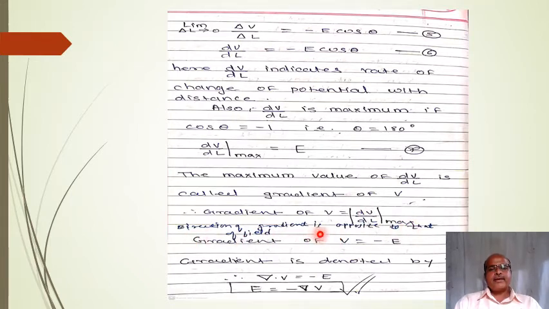The direction of the gradient is opposite to that of the field. Therefore, gradient of phi is equal to minus of E. Gradient is denoted by del V is equal to minus E, and you can represent it as E is equal to minus of del V. But when speaking, you have to mention it as E is equal to minus of grad phi.